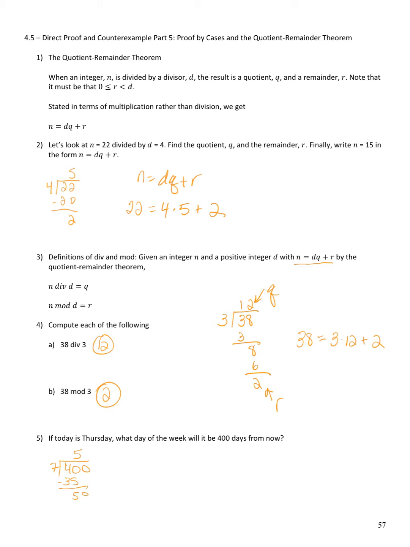Subtract, bring down the 0. 7 goes into 50 7 times. 7 times 7 is 49. Subtract, remainder is 1. So 400 days is 57 weeks and 1 day. 57 weeks from a Thursday is a Thursday. There have been 57 Thursdays, and then 1 day later, it's Friday.